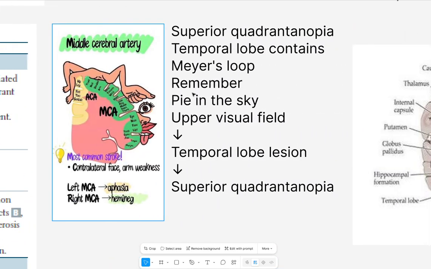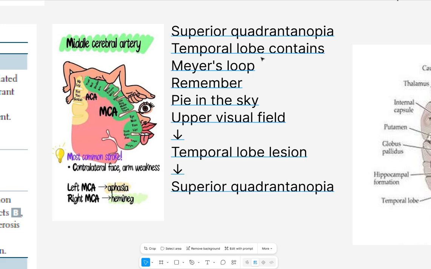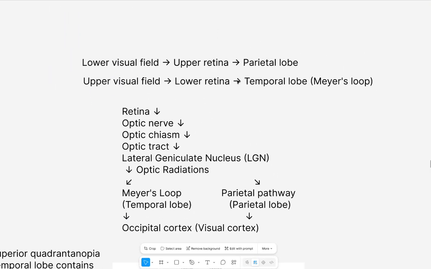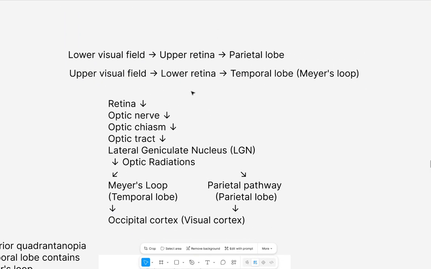Now, superior quadrantanopia, why does it happen? The temporal lobe contains the Meyer's loop. Okay, I'll show you this first. When we look at something, there's an upper visual field and there's a lower visual field, and it is read by the opposite side of the retina. So the upper visual field is read by the lower retina, and the lower visual field is read by the upper retina.